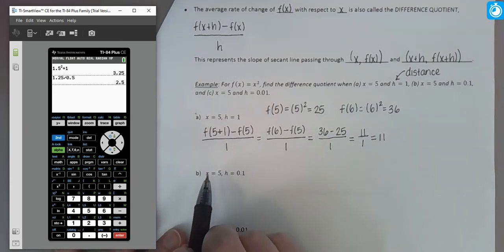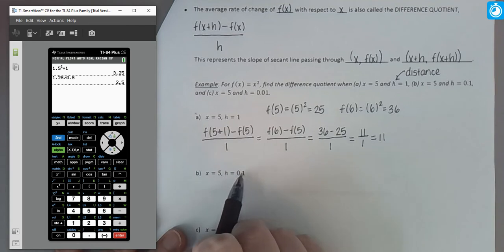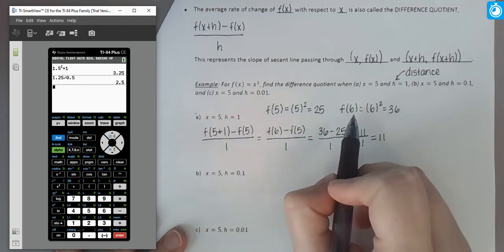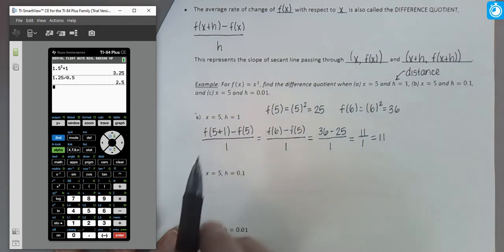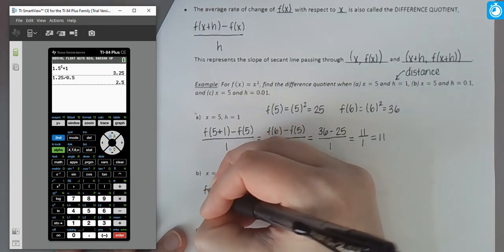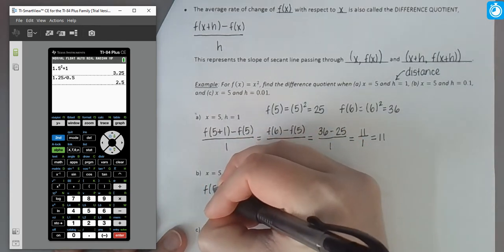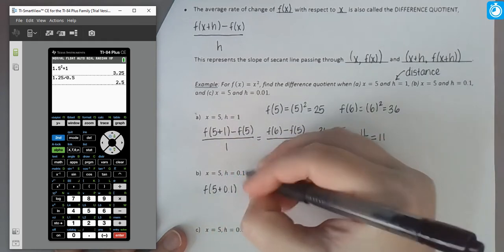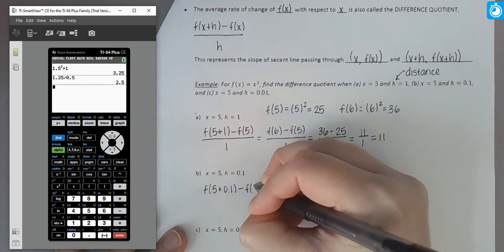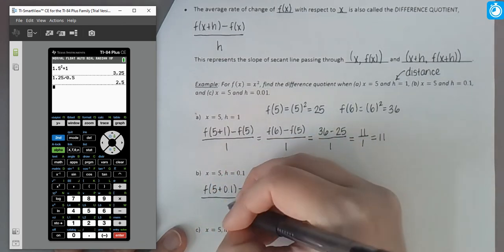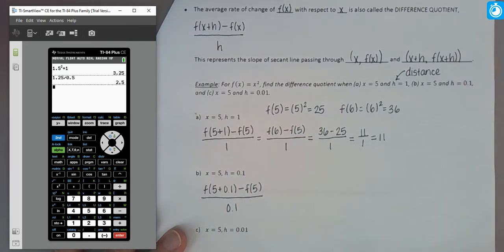Now let's repeat, same x value, but now we're traveling a shorter distance away from this x value. So rather than traveling a full unit away to an x coordinate of 6, now we're only traveling a tenth of a unit away. So our difference quotient is f of x, which is 5, plus h, which is 0.1, minus f of x, which is still f of 5, divided by h, which is 0.1.